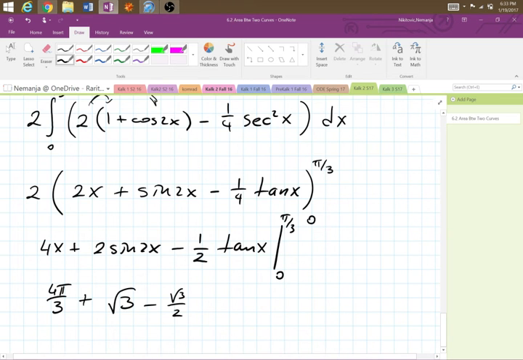And there you have it. That's the exact area. Done deal.